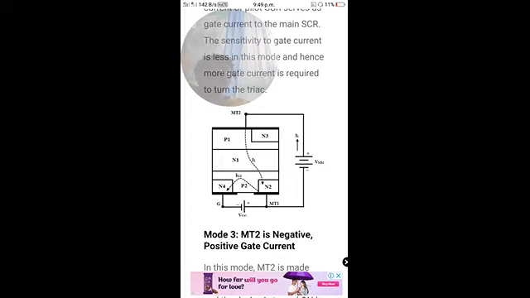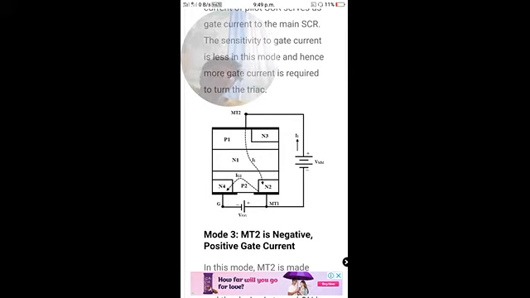At the junction J2, we have the N1 electrons. That N1 layer is towards the positive terminal, so the electrons which come towards the junction will be attracted into the N1 layer.